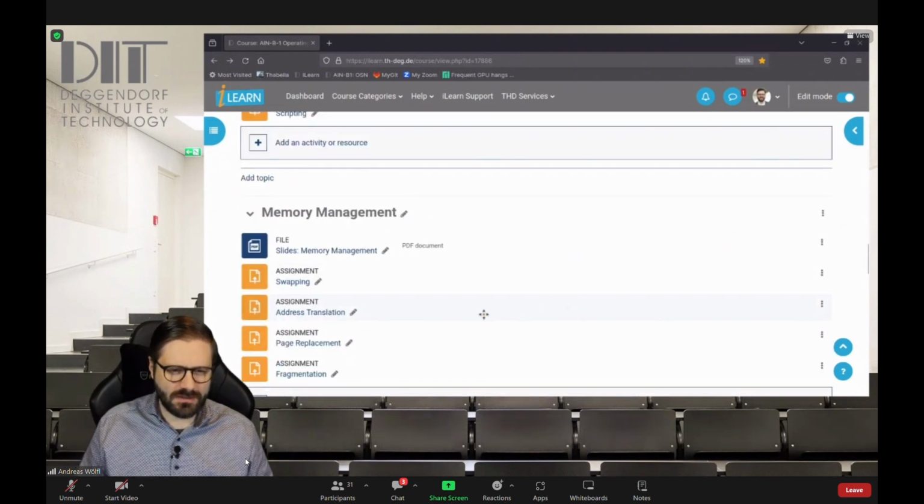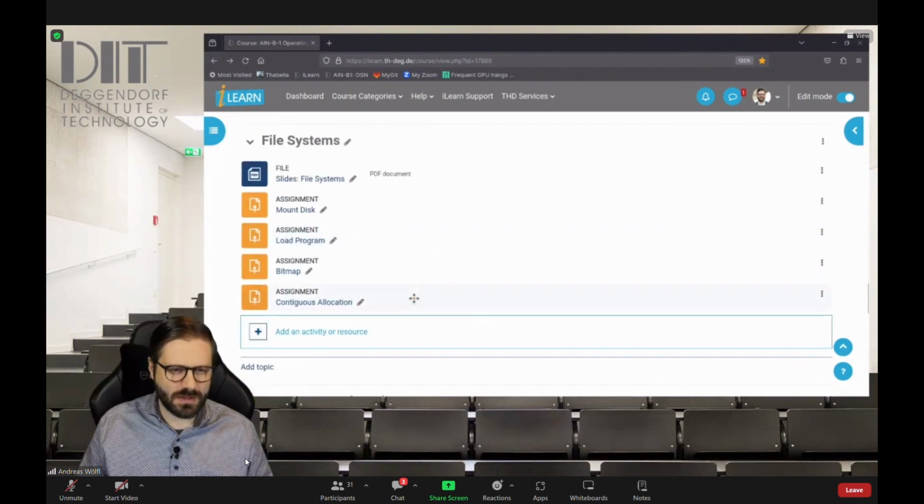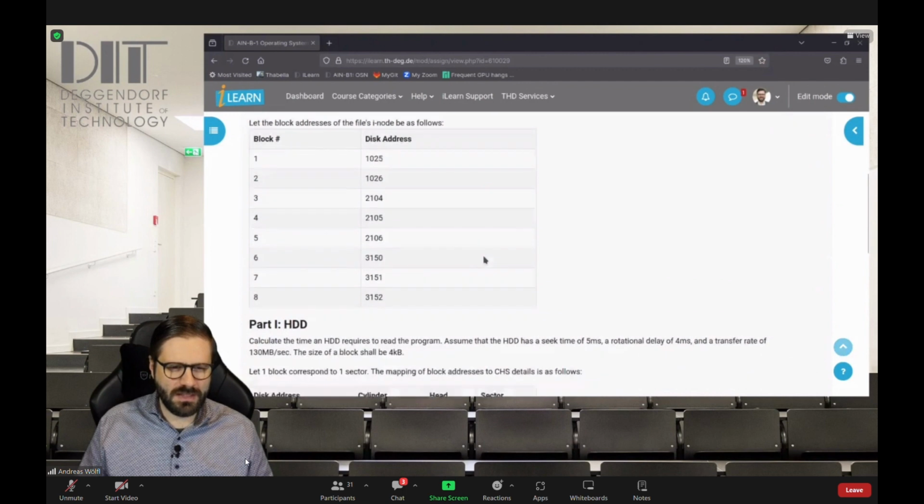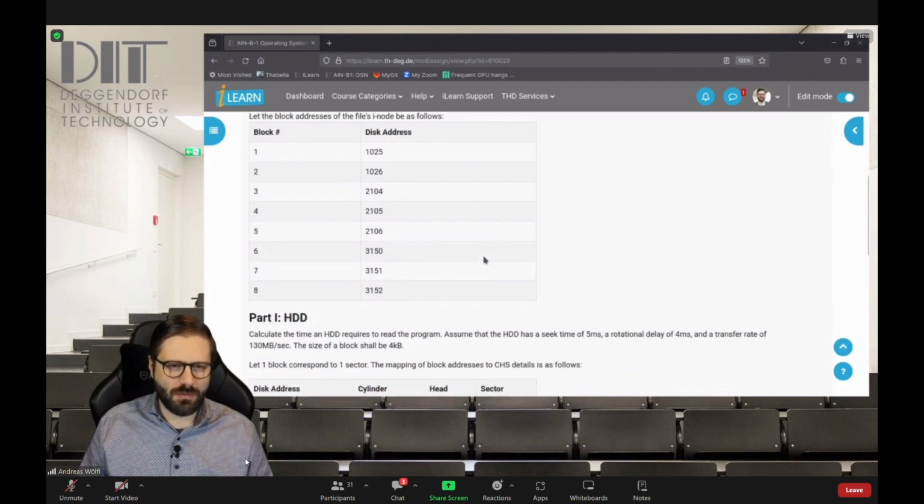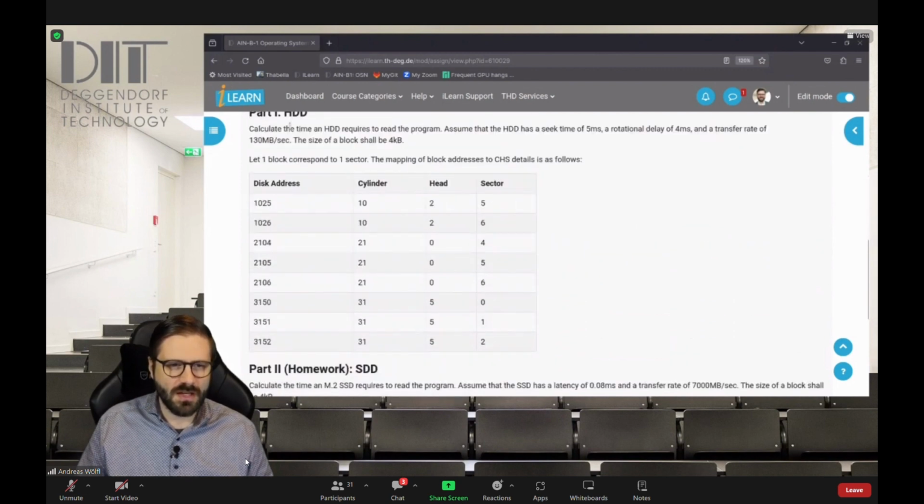Regarding tasks, we did load program. So we calculated the time it requires to load this program that we have in the table here with 8 blocks and these disk addresses into an HDD. And it took, if you remember, a little bit more than 27 seconds.